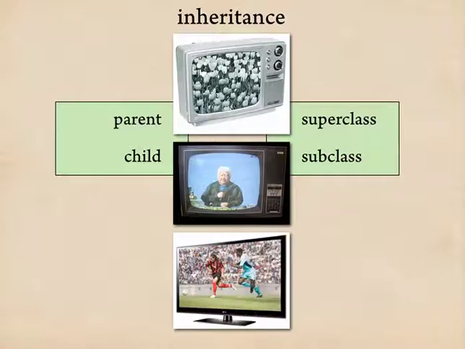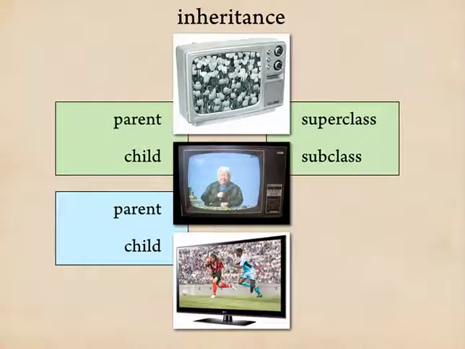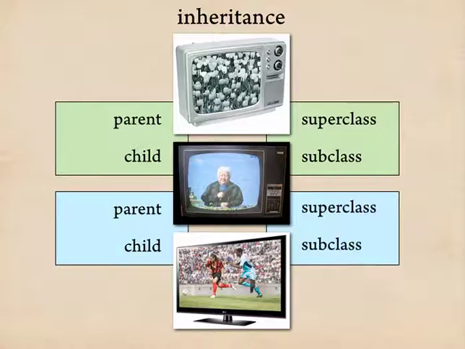When we create our HDTV subclass, the color TV class is the parent of the HDTV class, which is the child, and the synonyms apply again, where the color TV is the superclass and the HDTV that builds upon it is the subclass.